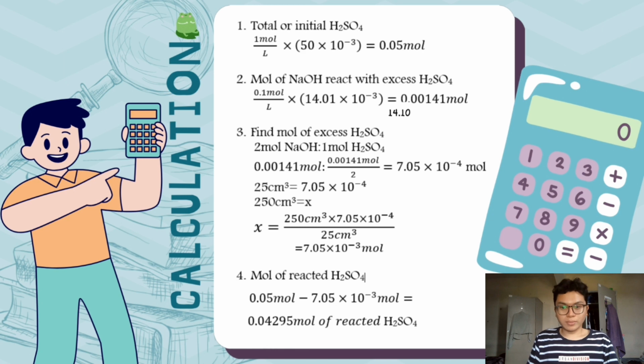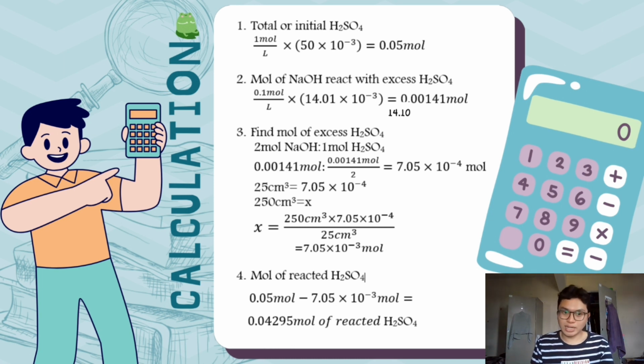To find the mole of sodium hydroxide that reacts with excess sulfuric acid, the molarity of sodium hydroxide, which is 0.1 molar, is multiplied by the volume of sodium hydroxide that has neutralized the sulfuric acid, which is 0.0141 liter, which is equal to 0.00141 mole.